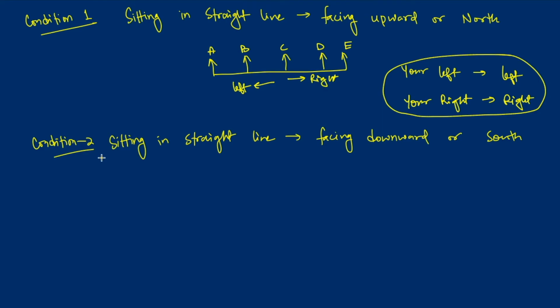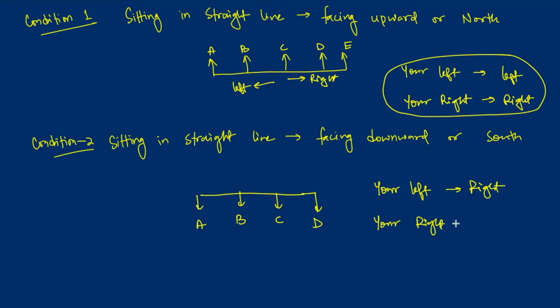Now these things will change if the sitting is done in a straight line and the facing is changed. Let's say that people are sitting in a straight line and now they are facing downward. This is A, B, C and D again. Now what will happen is that your left will become their right, and your right is going to become their left.